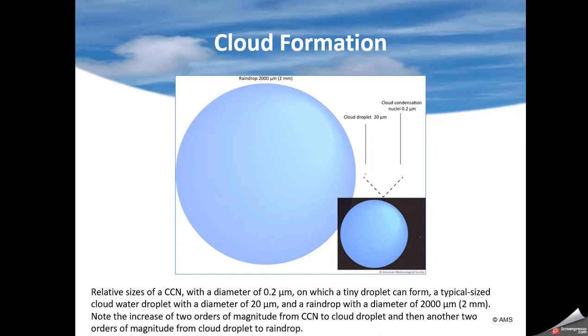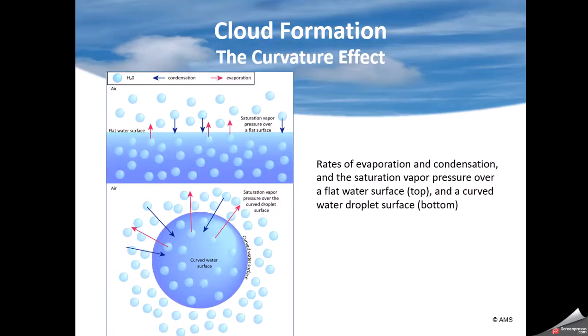So some things happen when you get a cloud droplet that's so tiny. First off, it has a lot of curve. Think about it, a cloud droplet may not be perfectly round, but it has a curved shape. That curve means that the saturation vapor pressure around it, in order to keep the water condensation equal, must be much, much higher than over a flat water surface.